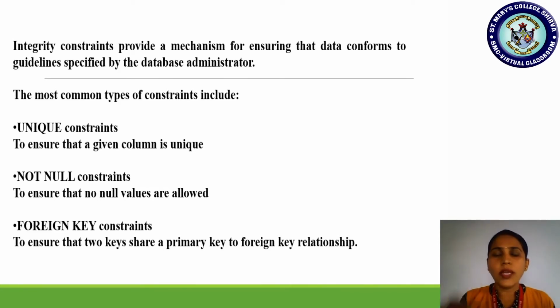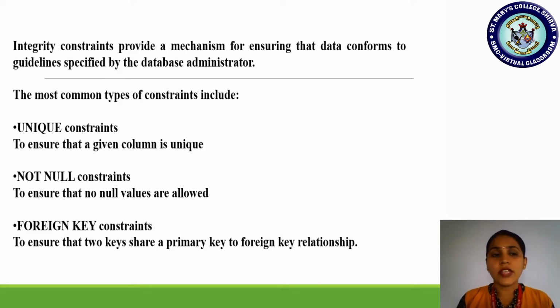In your class, 30 students are there, so 30 rows of student data we will be inputting. Are you all understanding? So 30 roll numbers, and each roll number should be unique. It should not be repeated. So roll number column values should be unique. That is the meaning of unique constraints.